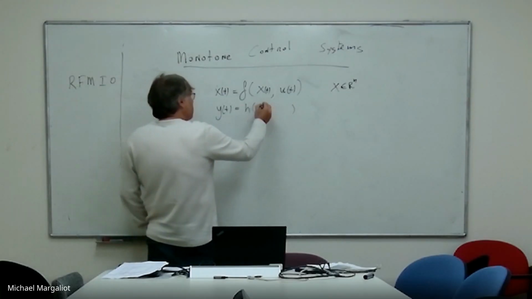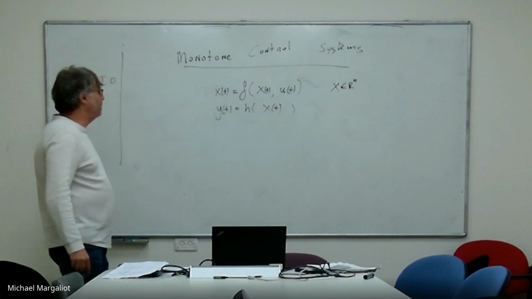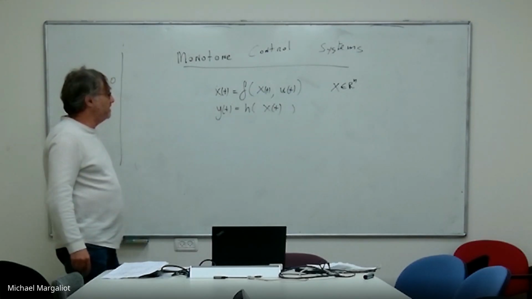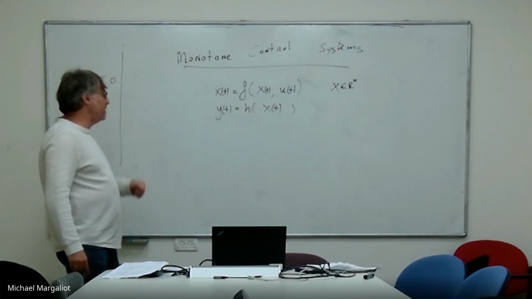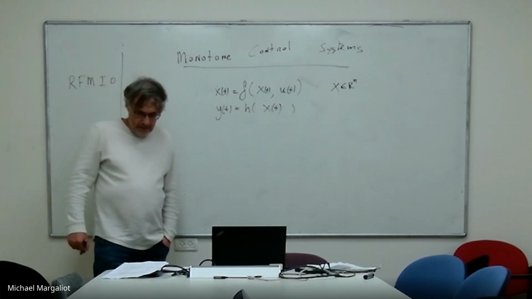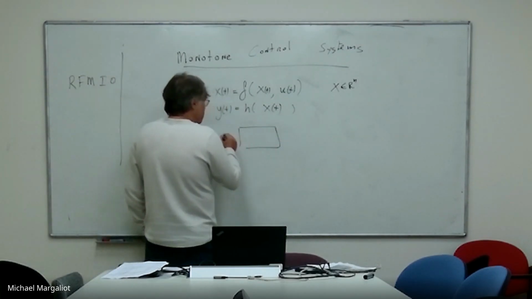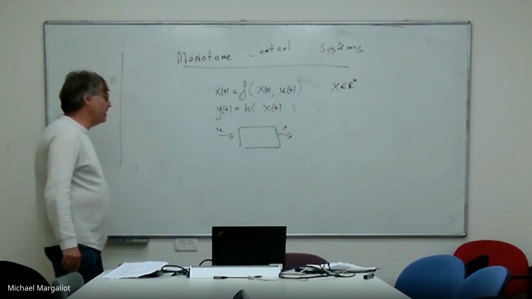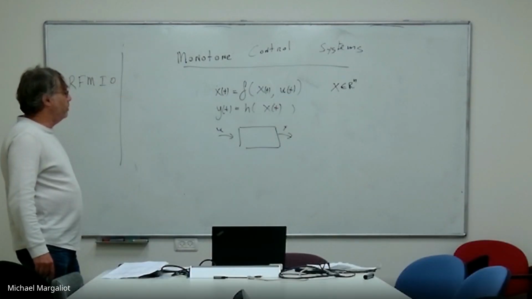And after we added an input and output, we would also like to define that the system is in some sense monotone, but now not just a dynamical system, but a system with input and output. How can we define that it is monotone? How can we extend monotone systems without inputs and outputs to monotone systems with inputs and outputs, and then these will be monotone control systems.